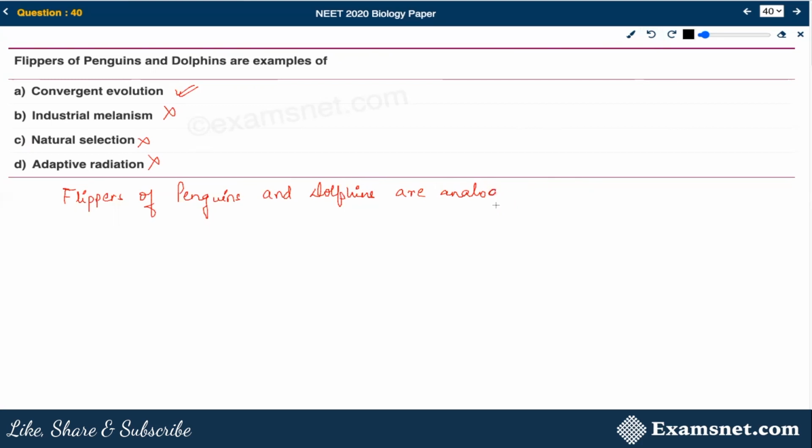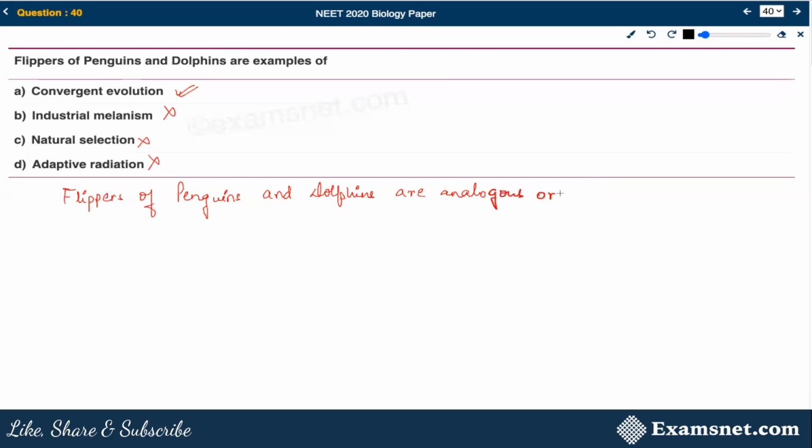They might have a different point of origin, but their function is similar: flippers in penguins and in dolphins both help in swimming. That is called analogous organs.